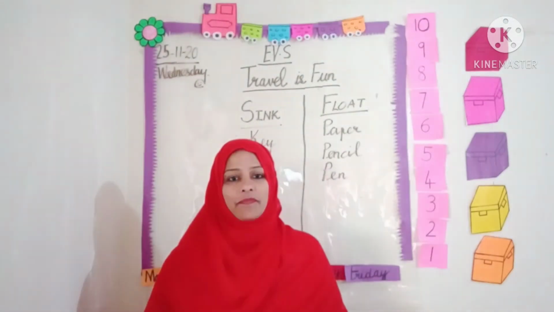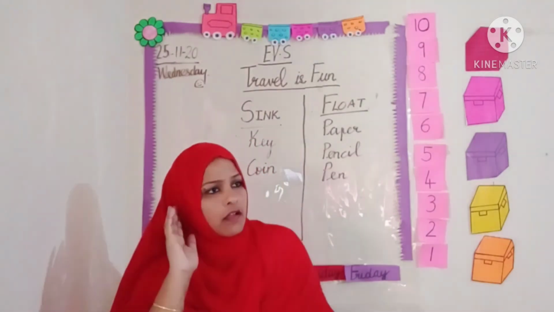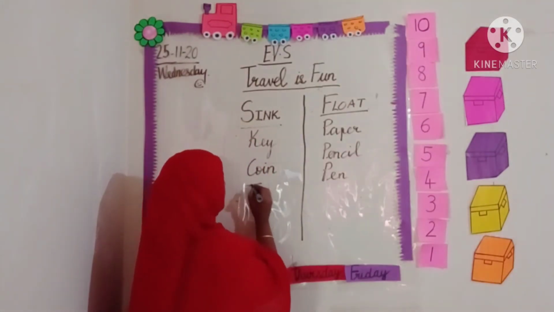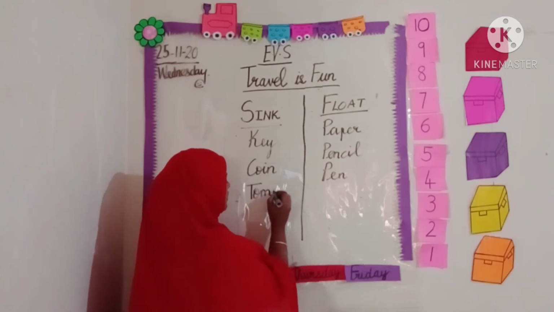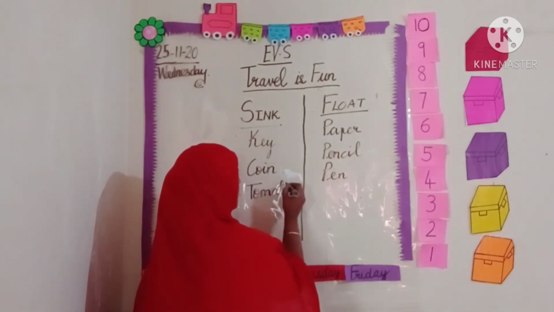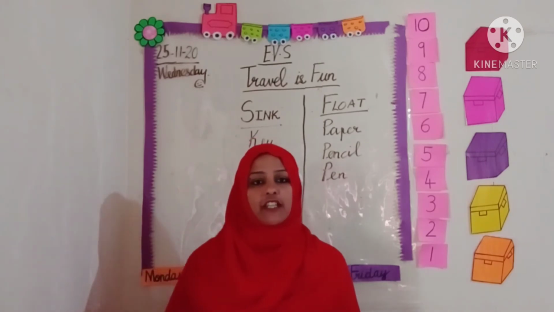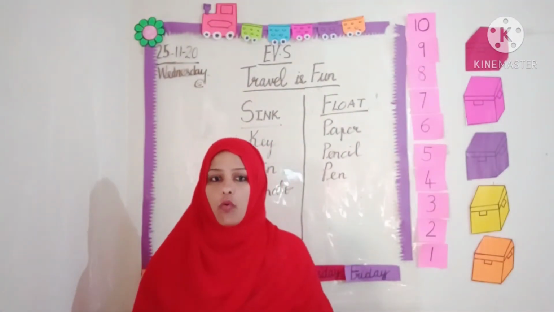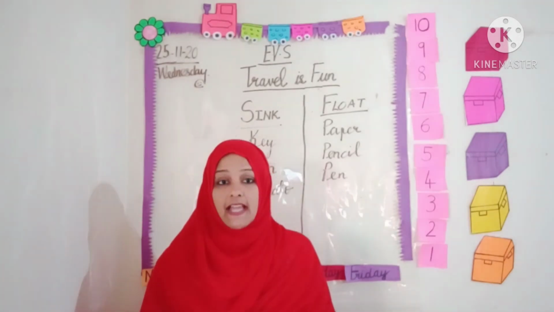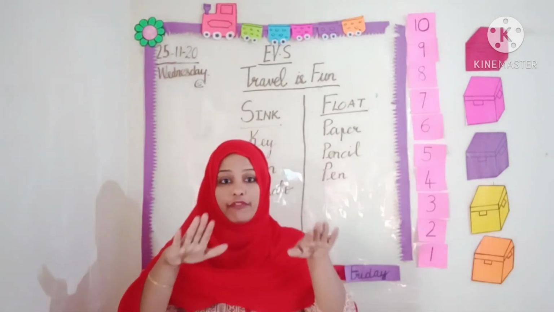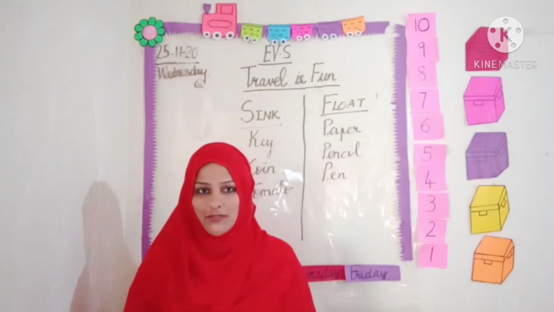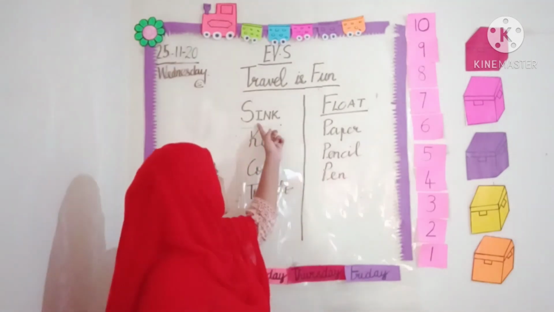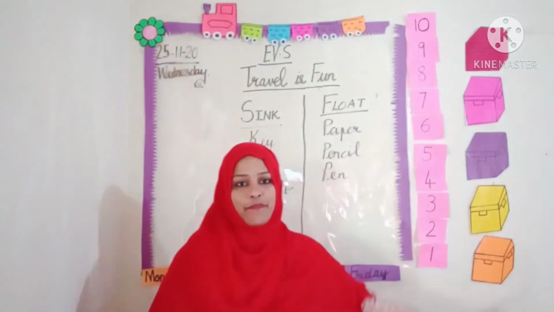One more thing. That's right. We saw a tomato also went down. So, the things which are heavy, they sink in the water. The things that are light in weight, they float on the water. I hope you're clear with the concept of sink and float.